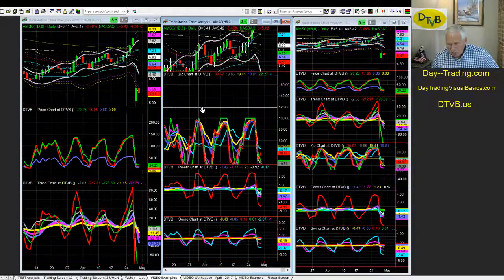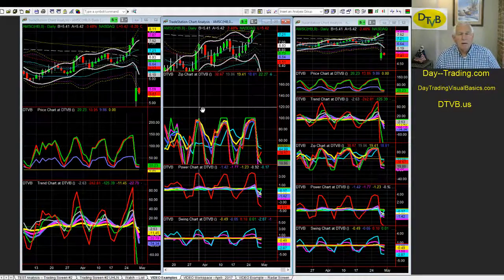Zip gray is above, just barely by a couple hundredths of a point. Zip pink is 95.66. Zip gray is 95.95. Only Zip gray is a little bit above the Zip pink.